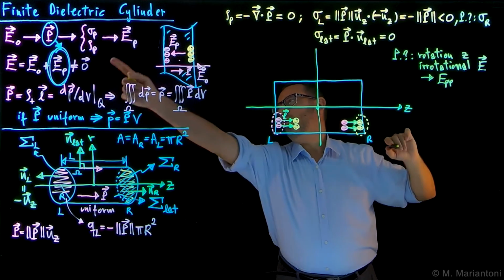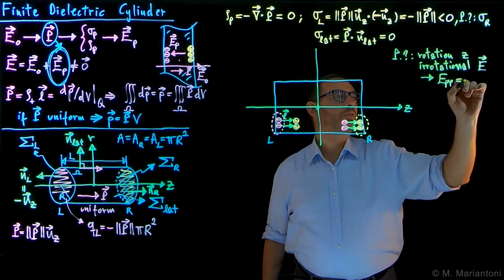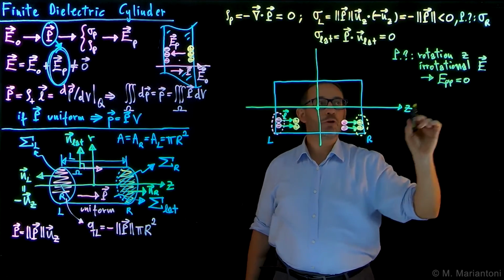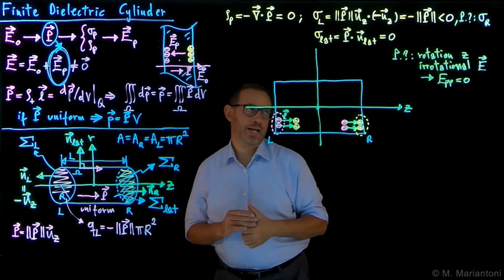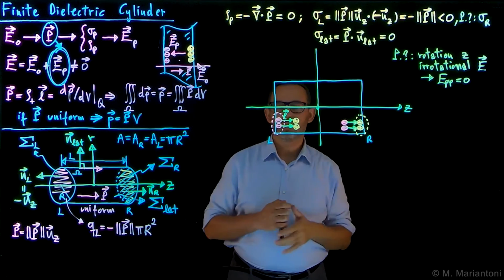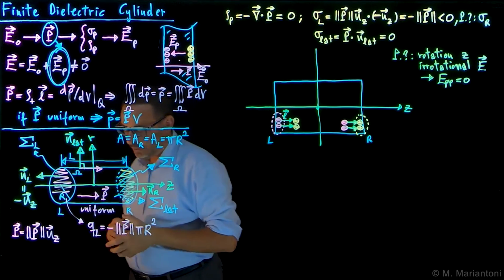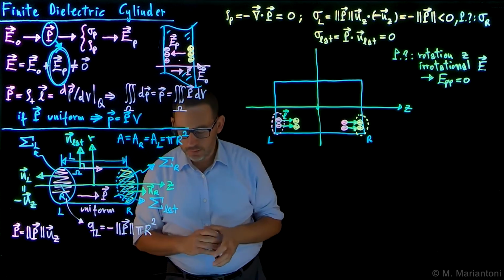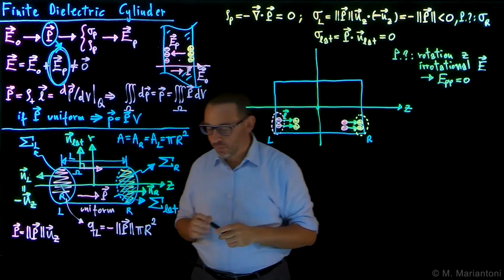EP is what we want to calculate, the polarization field associated with this object. This has to be 0. Please show it and tell me how you would do that in Piazza, okay? These are the two properties you need to do that. We have done this in much detail in 242. So it's a good refresher, all right? So this is true for each point capital P in space.